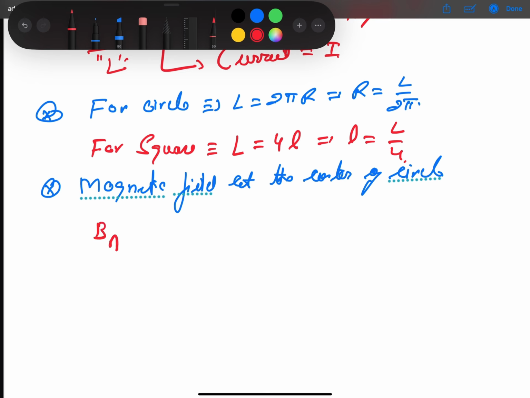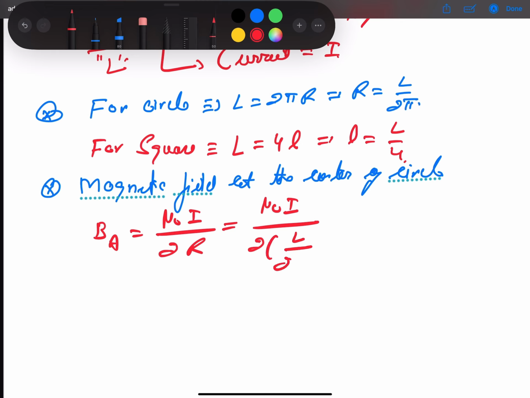So BA will be equal to mu naught I upon 2r. We already know the value of the radius, so we get mu naught I upon 2 times L upon 2 pi, and here 2 goes with 2, so we are left with mu naught I pi divided by L. So this is the magnetic field at the center of the circular loop.